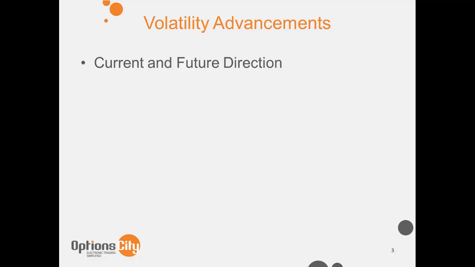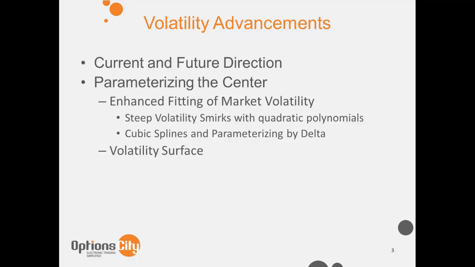All right. So what we're going to be talking about is volatility mostly, how that's going to tie in to the future, and focusing on what we've actually got in version 5.2. The main feature that we'll be discussing is Parameterizing the Center.